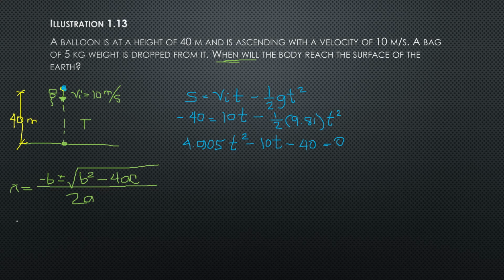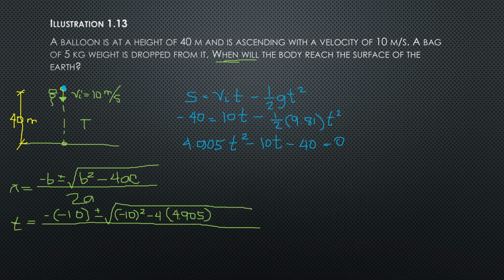So solving for time, time is equivalent to negative of b, b is negative 10, plus or minus square root of b squared, negative 10 squared, minus 4, a is 4.905, and c is negative 40, over 2 times 4.905. That is 2a below, the denominator.